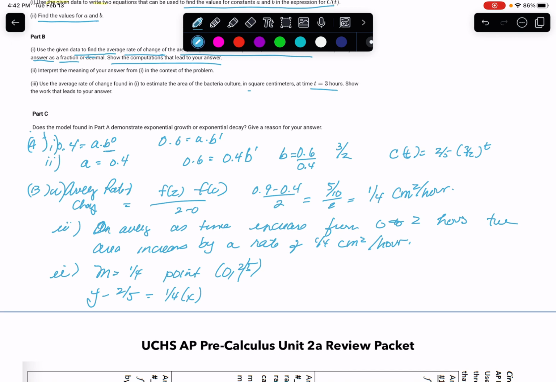So then we can say y is 1/4 x plus 2/5. So at T equals 3, y would be 3/4 plus 2/5. So that's 23 over 20 centimeters squared.